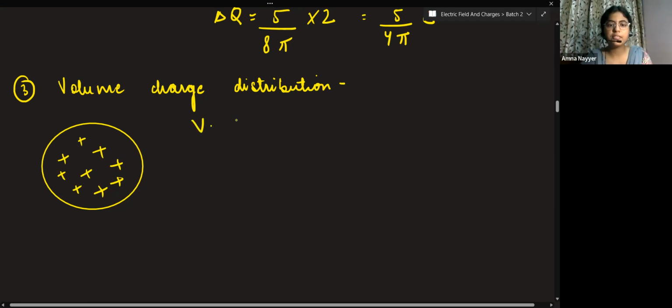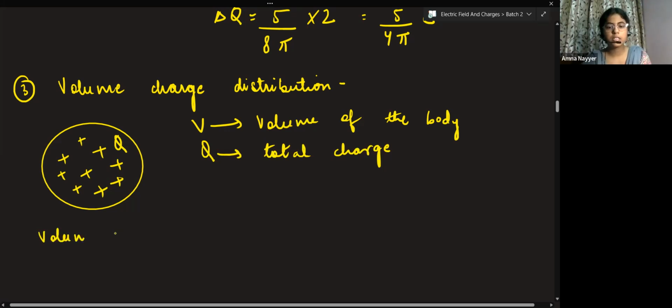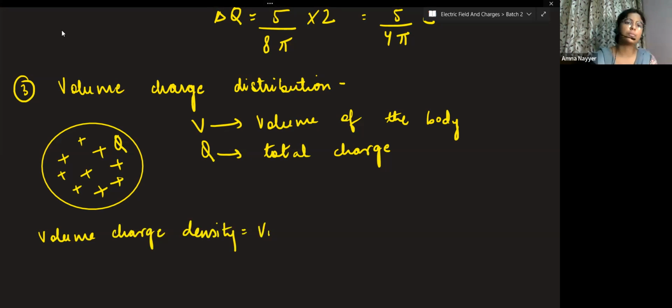Let's say V is the volume of the body and Q is again the total charge. So volume charge density will be charge per unit volume.